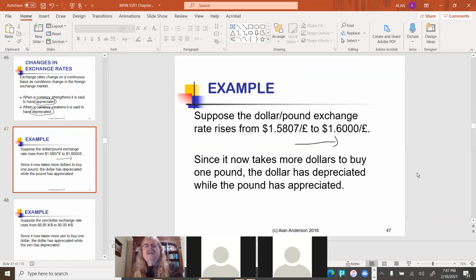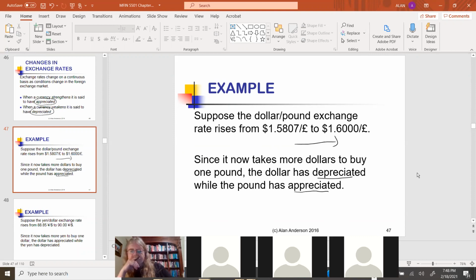Well, the logic here is that it now takes more dollars to buy a pound, which means the dollar has depreciated while the pound has appreciated. And that's the reasoning. More dollars are needed to buy a pound. The dollar must have weakened or depreciated. The pound must have strengthened or appreciated. And that's what we mean by this.